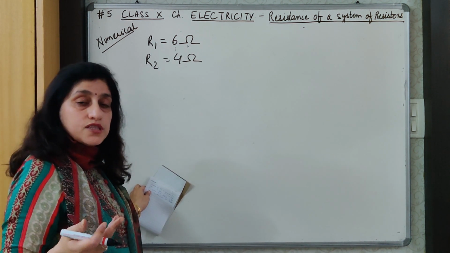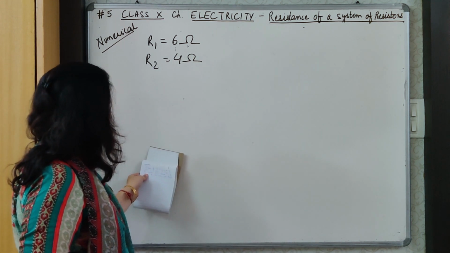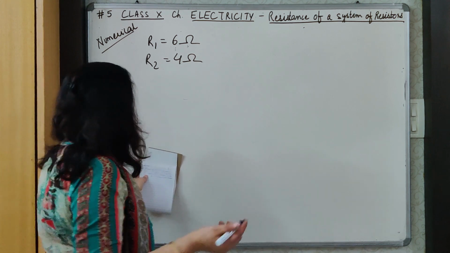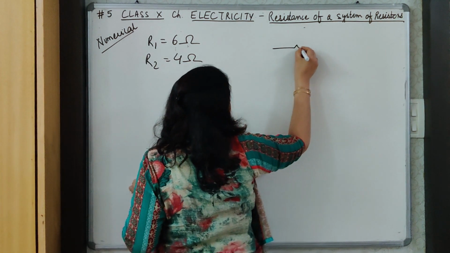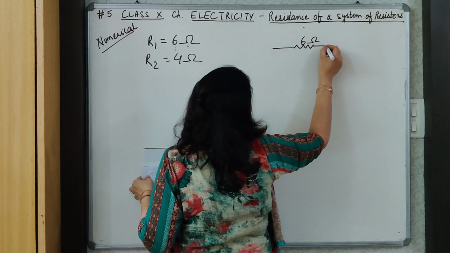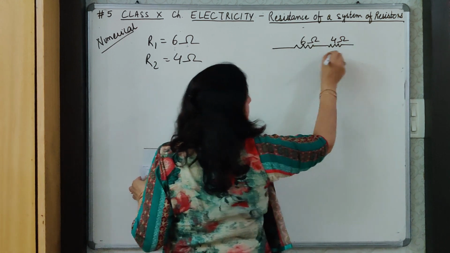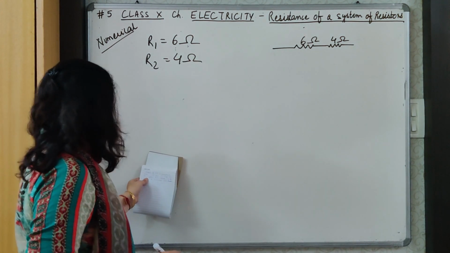What can I draw from this much information? A resistance of 6 ohm is connected to a 4 ohm resistor in series. A 6 ohm resistor and a 4 ohm resistor connected in series.